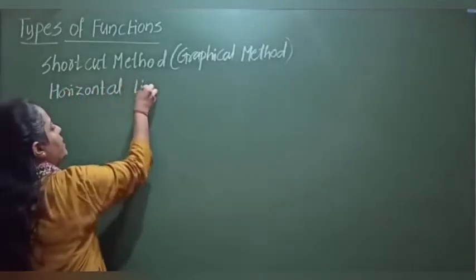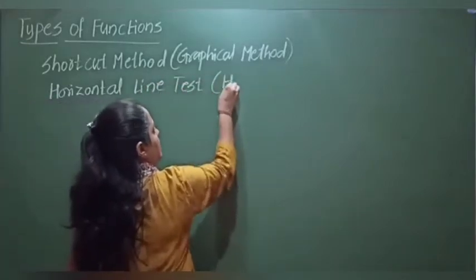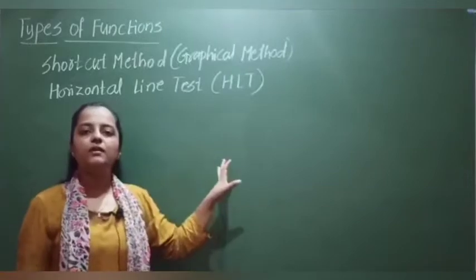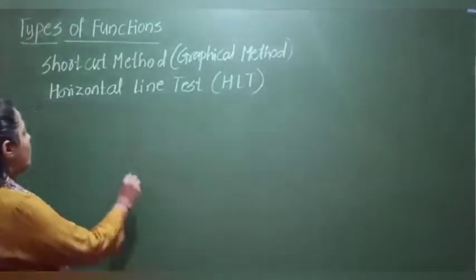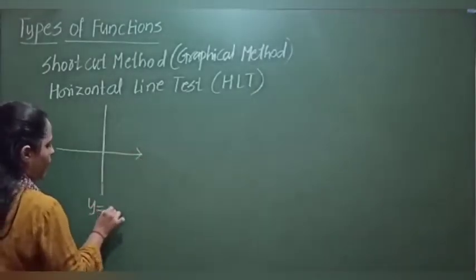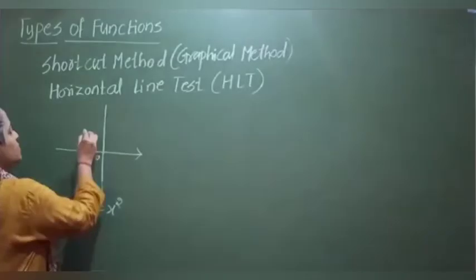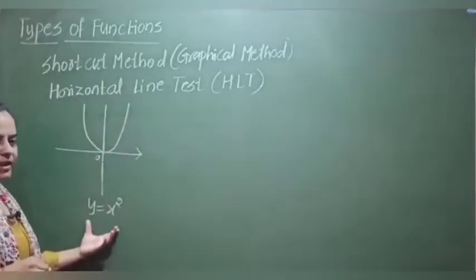Horizontal line test. With the help of the horizontal line test we can tell whether the given curve is a 1-1 function or not. First I'll take y equals x square. You know already y equals x square is a function.